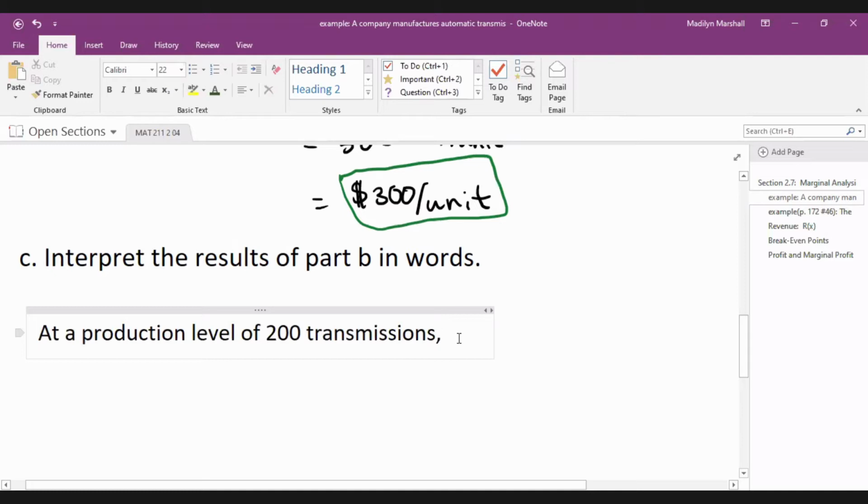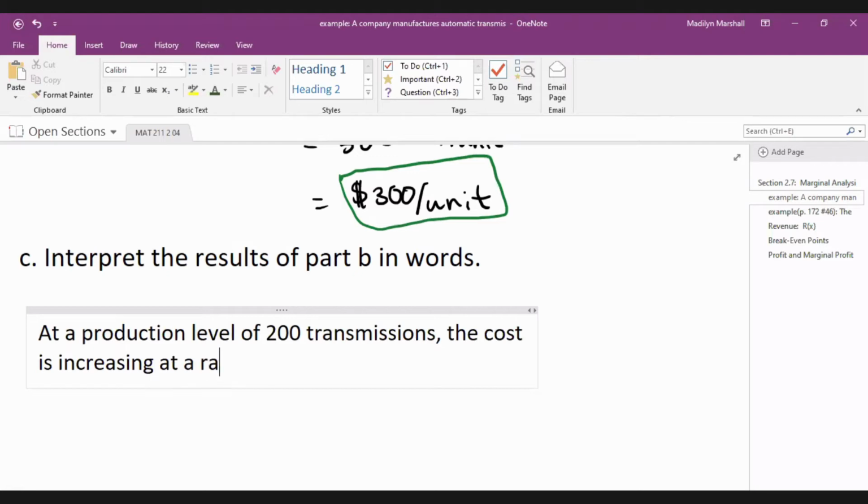So there's a handful of ways to say this, and there's not always one right way, but at a production level of 200 transmissions, the cost is increasing at a rate of $300 per unit.